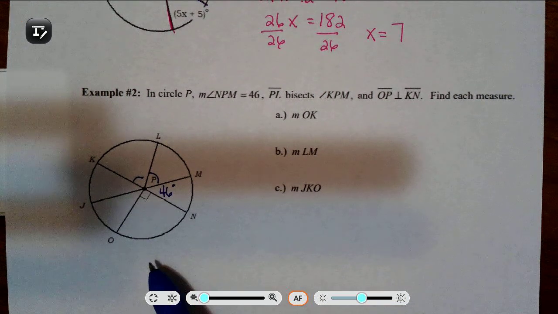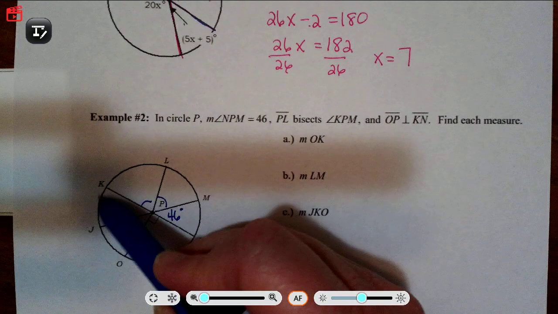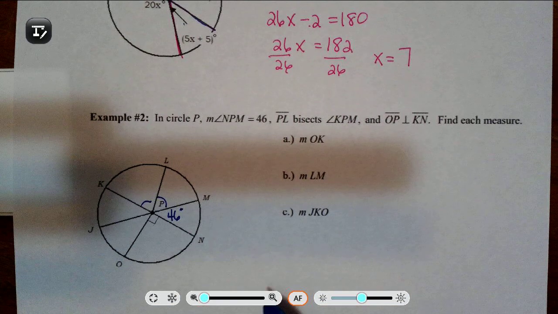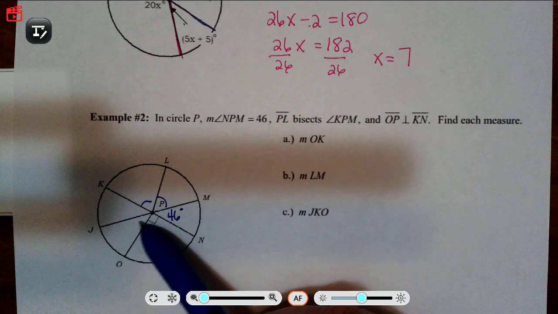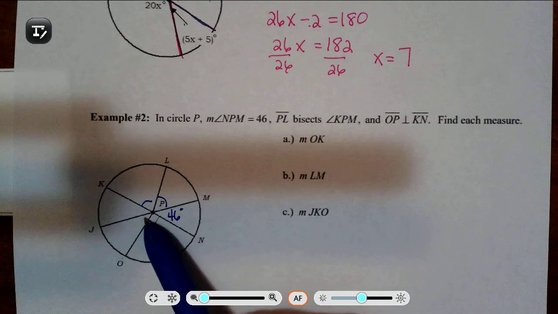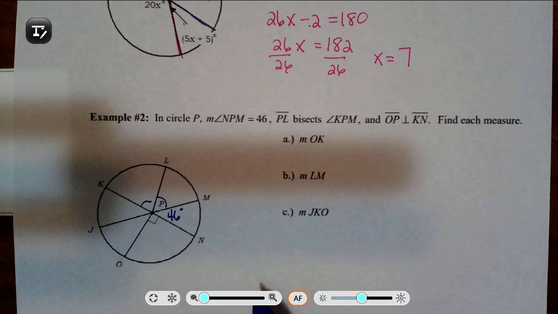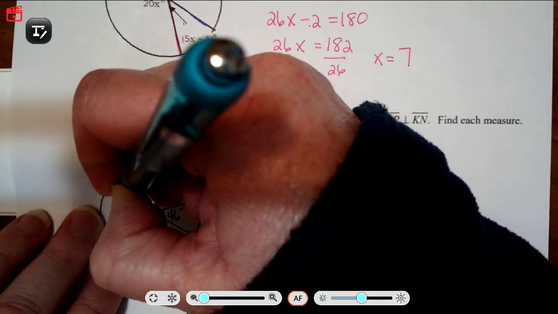Where is OK? It is from here all the way over to here. Now, if we could figure out what is our central angle from O to K, if we can get this angle, the central angle degree measure, then we'll also have the arc measure. So they are one and the same. If we think about this right here, we see that we have this diameter.